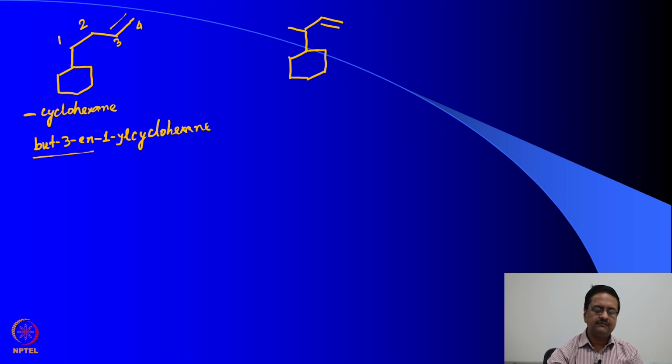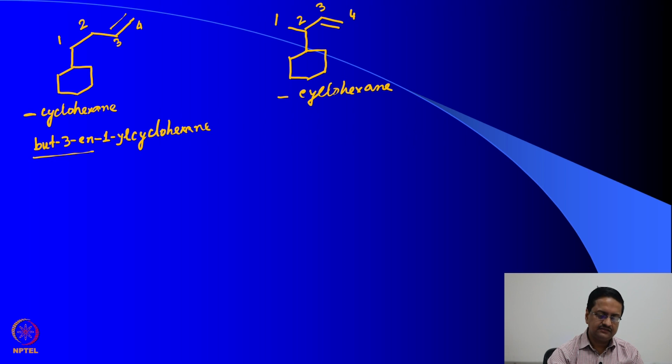So, using the same method for the next molecule, again we have a cyclohexane and a butene, but the connectivity is different. If we number it 1, 2, 3 and 4, the connectivity is through carbon number 2.